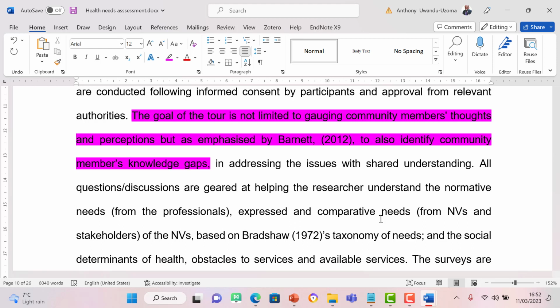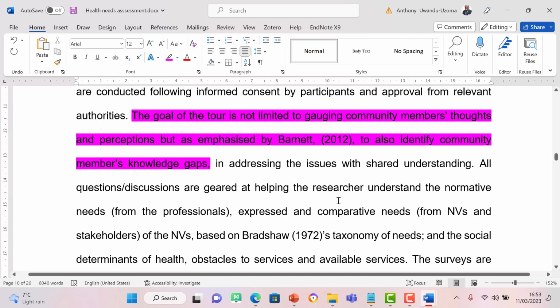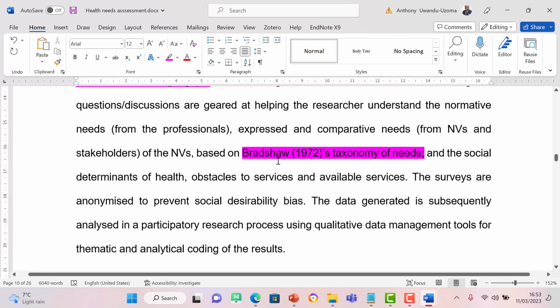Comparative needs is when you compare the services that two groups of the population are using. And normative needs are expert opinions from health professionals. So this is a way of linking what you're writing to what you have been taught already in theory, Bradshaw's taxonomy of needs. So you can see how it was linked appropriately.